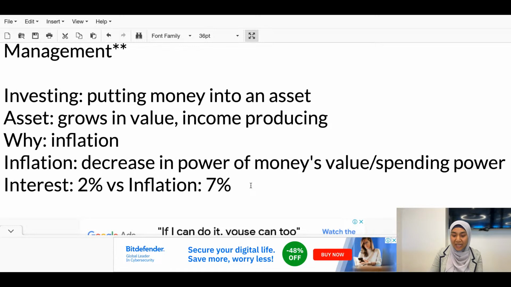So if we subtract them from each other, it is 2, which is what our money is growing by, but inflation is a negative, so -7. In the very end, we are actually losing 5%. So even though it looks like we have $102, when you try to spend that $102, you can't buy the same amount as you could a year ago, by say $5-ish, because it's 5%.